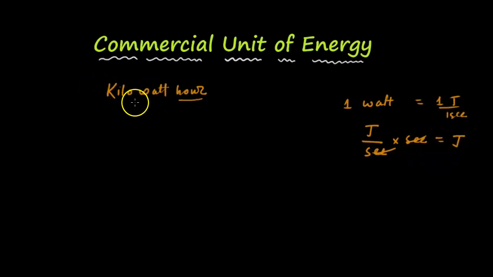So don't get confused. It is not a unit of power, but it is a unit of energy. It is a commercial unit of energy. So if I'm writing 1 kilowatt hour, kWh, with a small h, we can write 1 kilowatt multiplied by 1 hour. Now we have to convert this into joule. We know 1 kilo is 10 to the power 3, and this is watt.